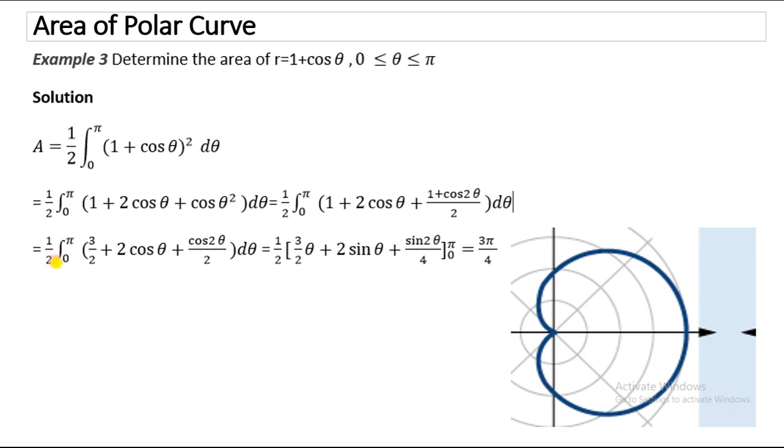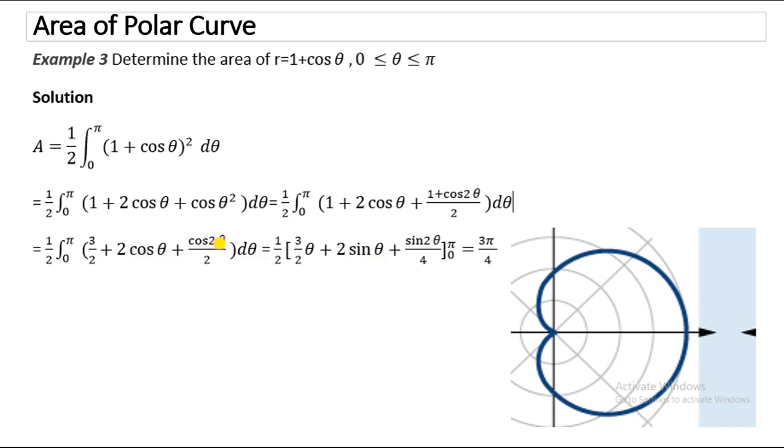Equal half integration from 0 to pi of 1 plus half, which is 3 over 2, plus 2 cosine theta plus half cosine 2 theta d theta. Integrate this. Integration of 3 over 2 d theta is 3 over 2 theta. Integration of cosine is sine.